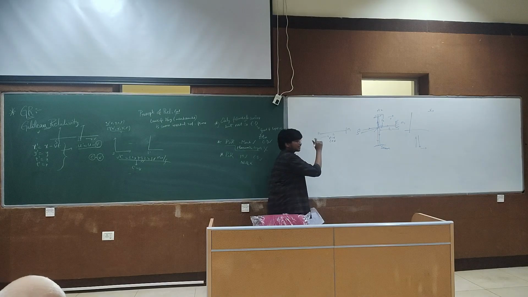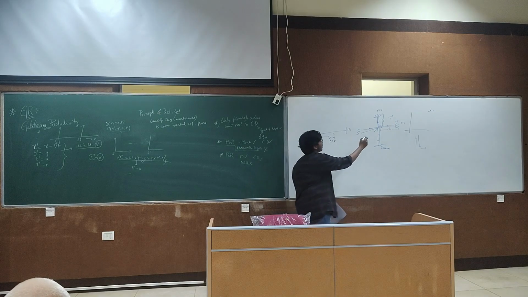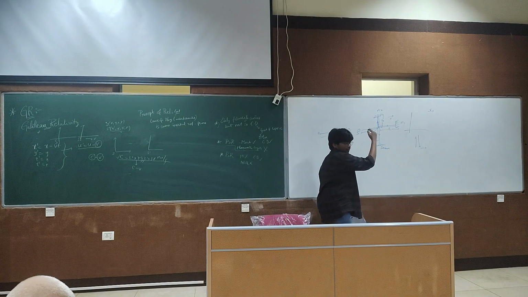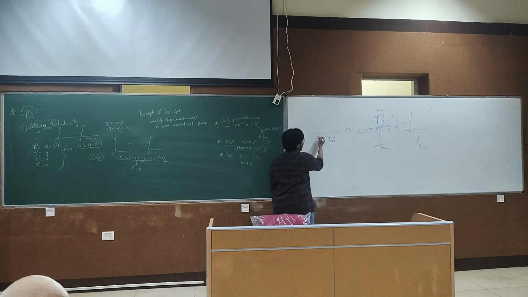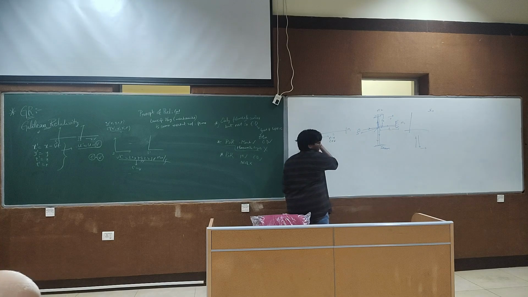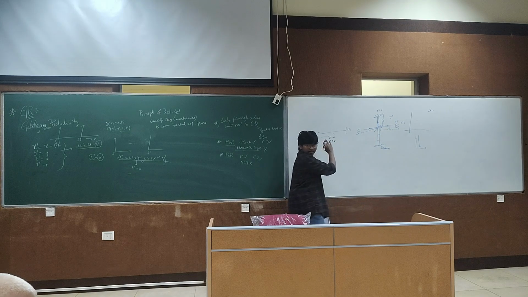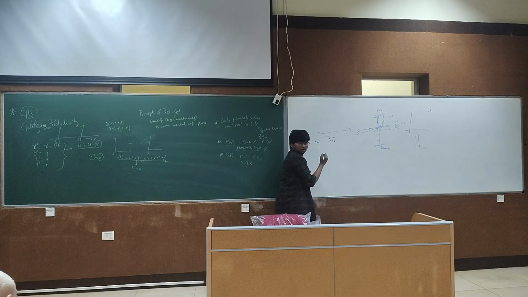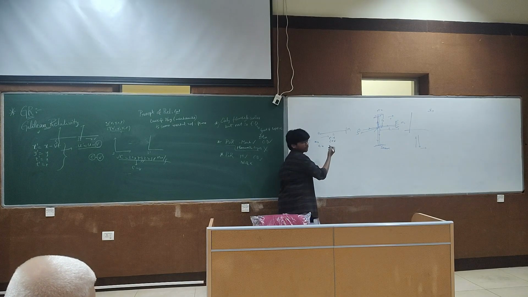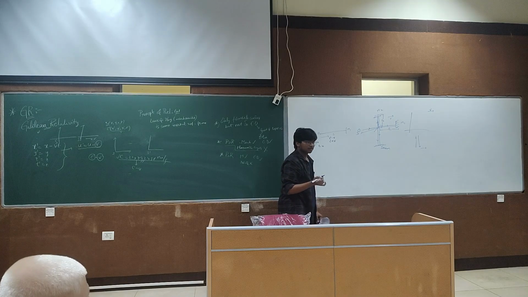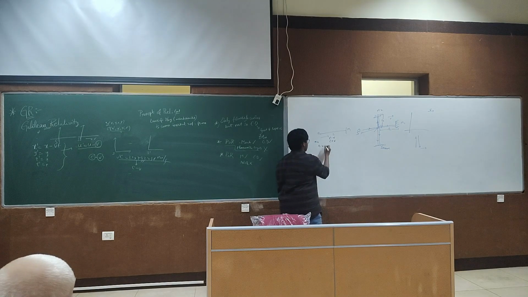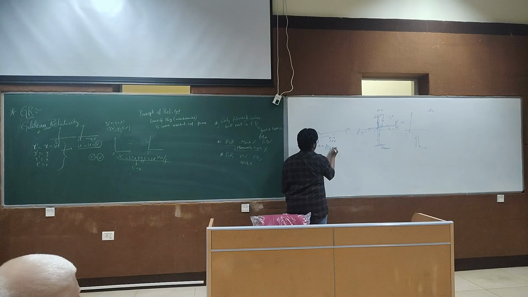Assume that it starts from this point, from the mirror or the reflector, at time t equal to 0. Let's say it gets reflected, it goes there and gets reflected in time t1. How do you write time t1 in terms of L1 and c?